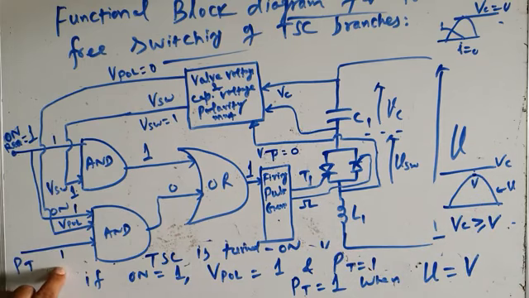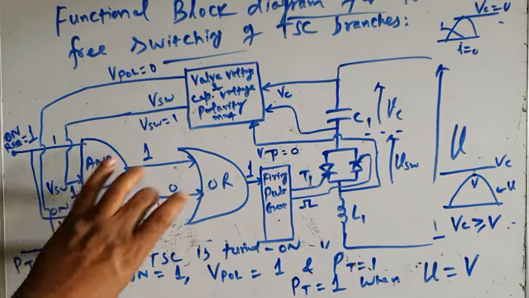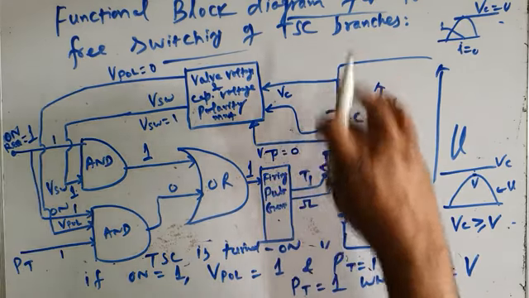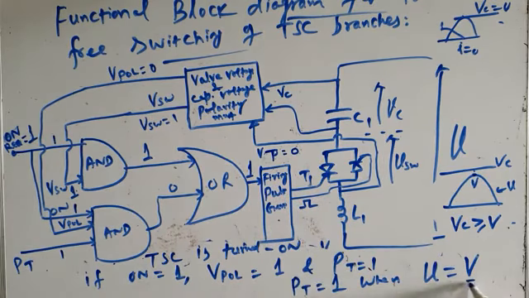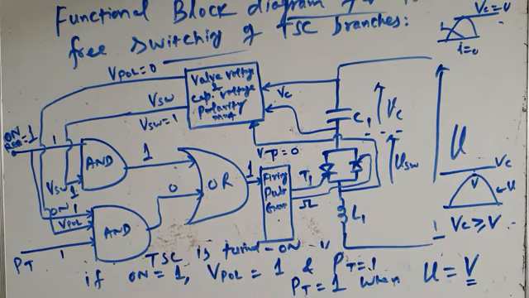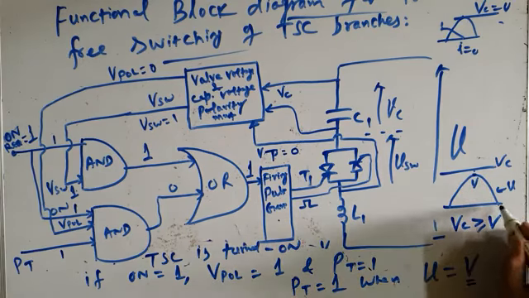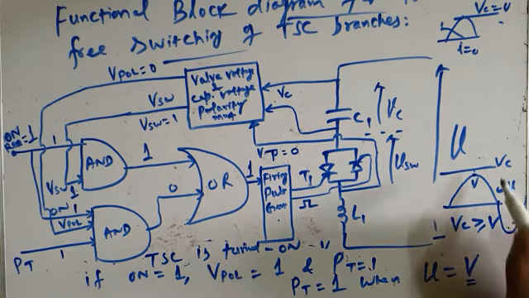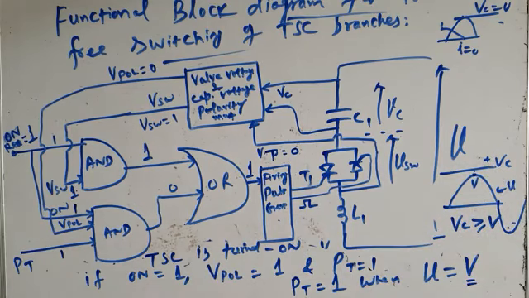Now the problem is that your controller has got the information that it has to turn on this TSC branch, and it has also got the information that the instantaneous value of bus voltage or input voltage has reached the peak, but it does not know whether it has reached the positive peak or negative peak, because it may so happen that if the capacitor voltage is plus VC and the negative peak has reached, at the negative peak also this PT will be equal to 1.